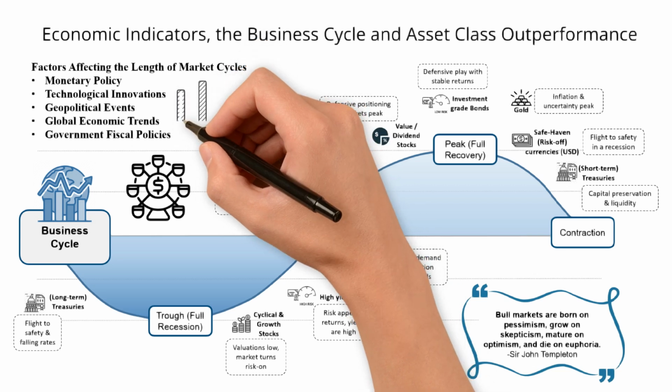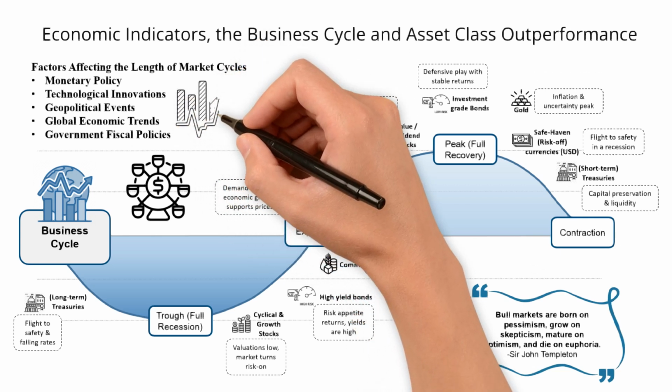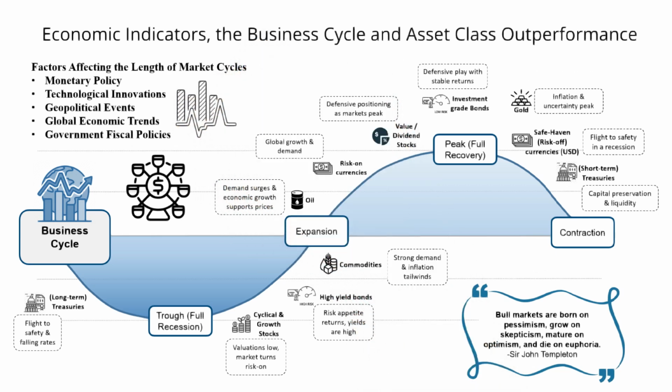However, based on historical experience and economic theory, a general estimate for the length of a typical business cycle or market cycle is around 5 to 10 years, whereas the expansion phase is usually longer than the contraction phase, as well as the trough or full recession and the peak or full recovery last usually up to a year at best.